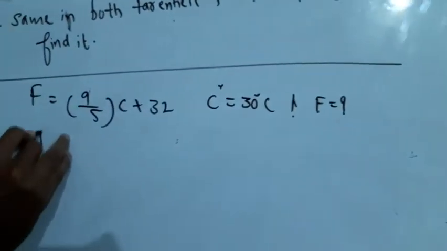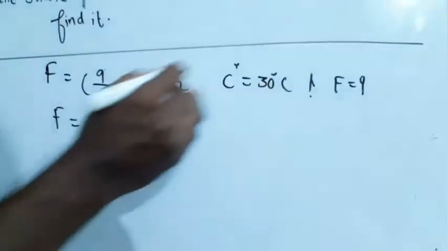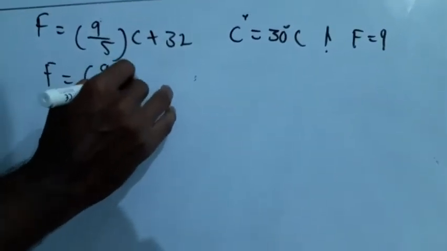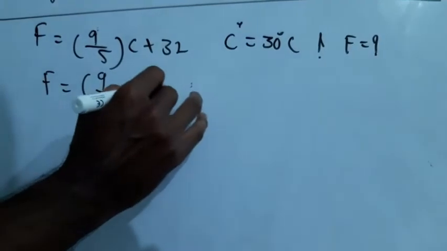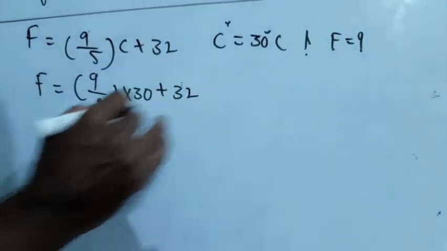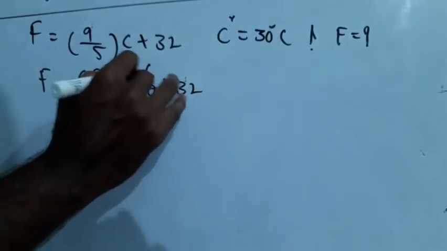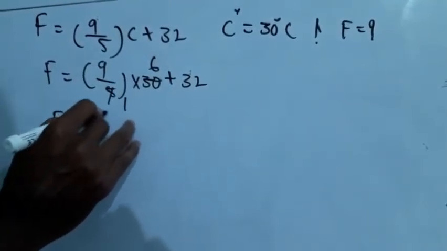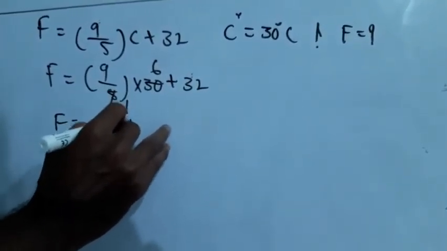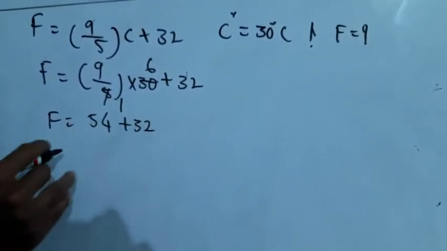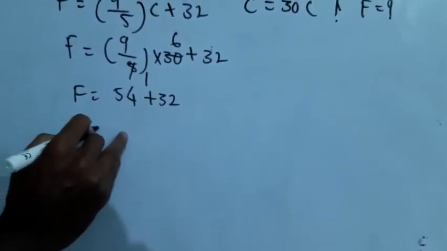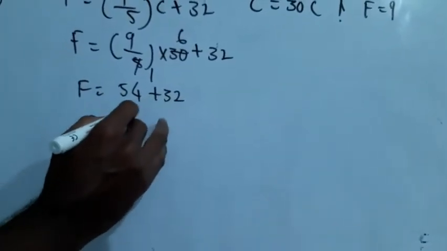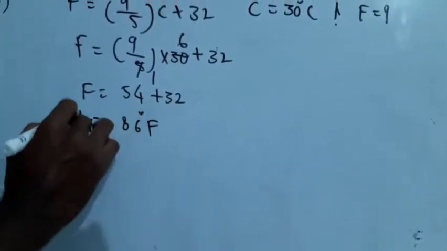In place of C we replace it with 30. 9 divided by 5 into 30 plus 32. 5 sixes are 30, so F is equal to 9 sixes are 54 plus 32. So F will be equal to 86 degree Fahrenheit.